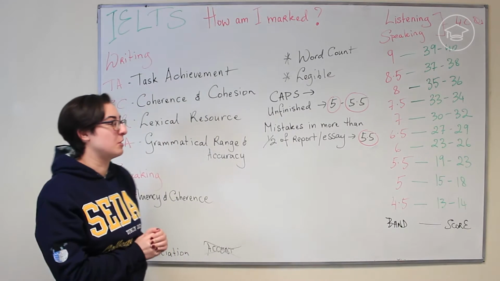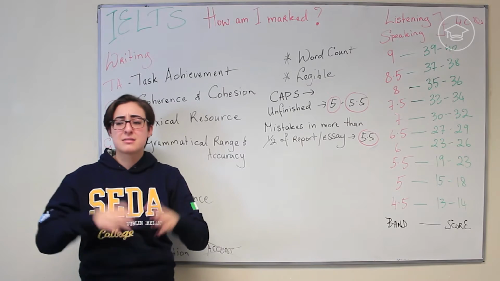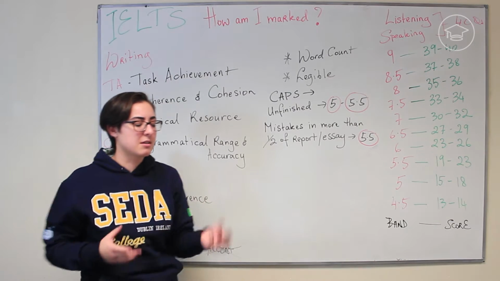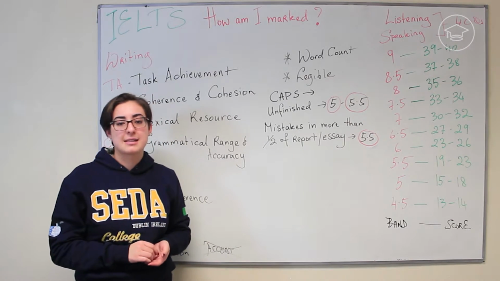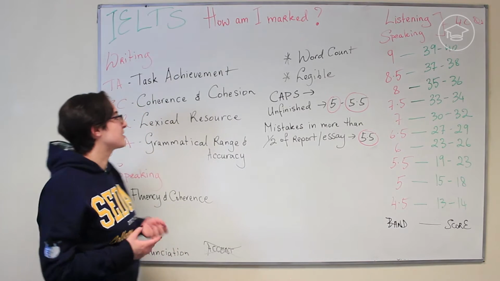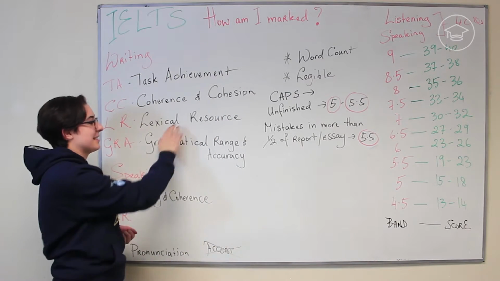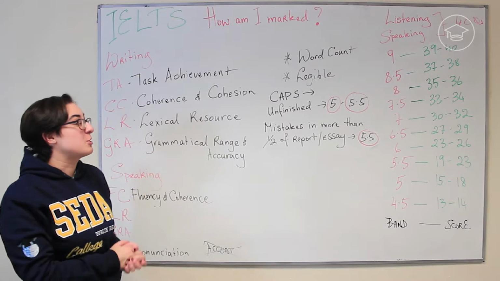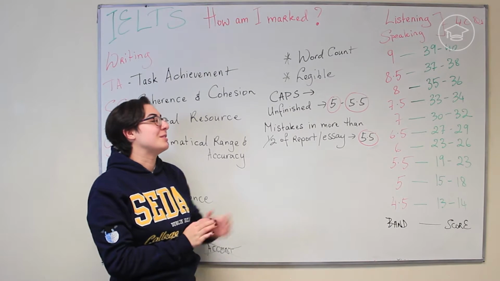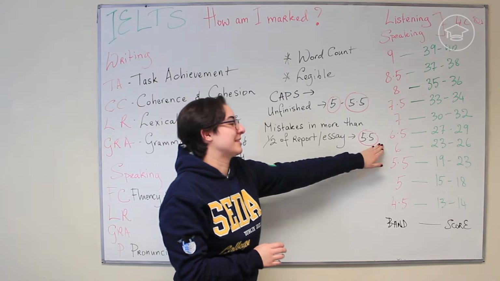A lot of people don't know this, and they think, oh, I've made a lot of grammar mistakes, but it's okay because the essay is good, it achieved the task, I used a lot of linkers and a lot of words. Unfortunately, you are capped for grammar.